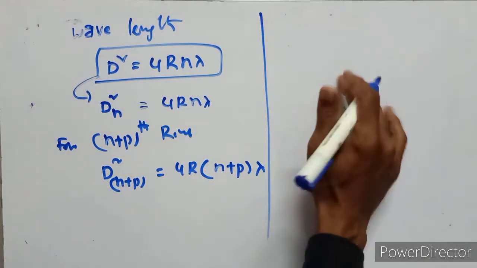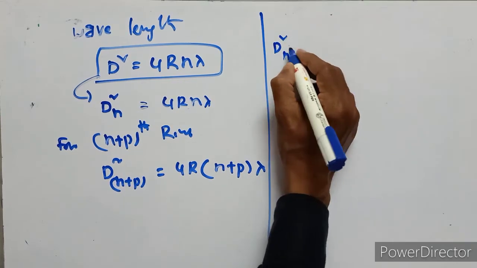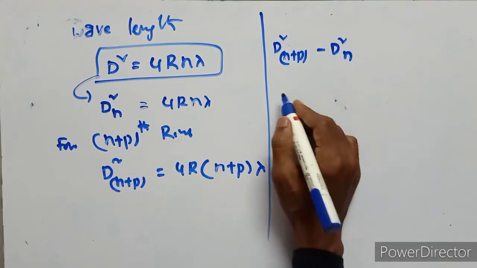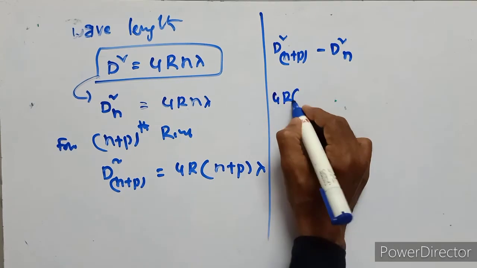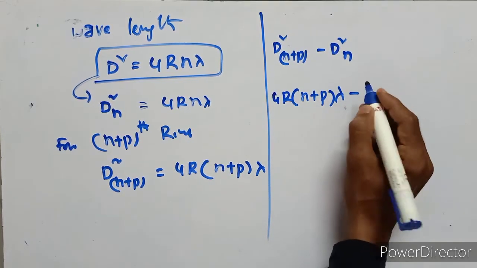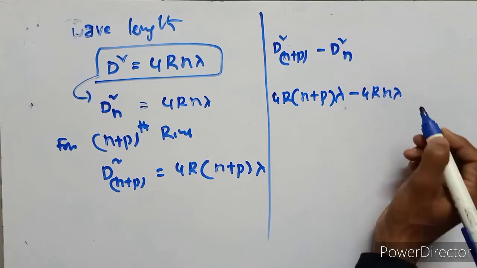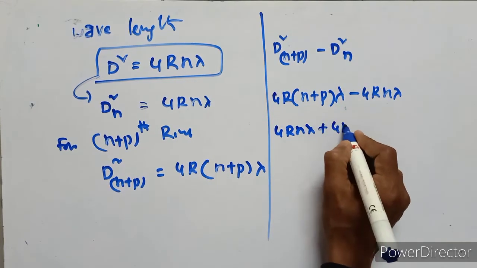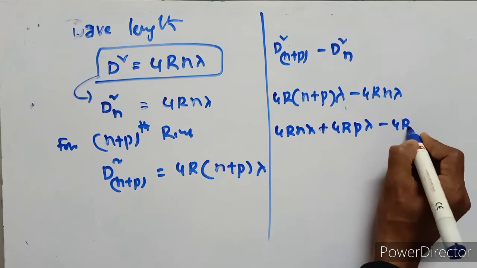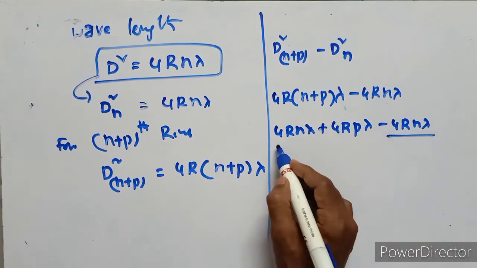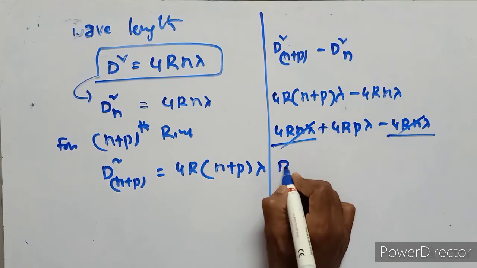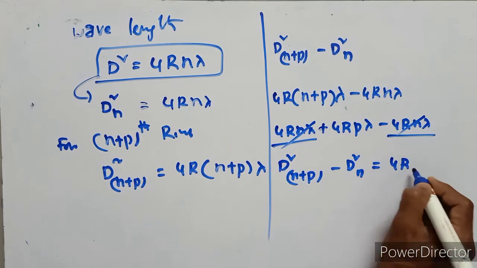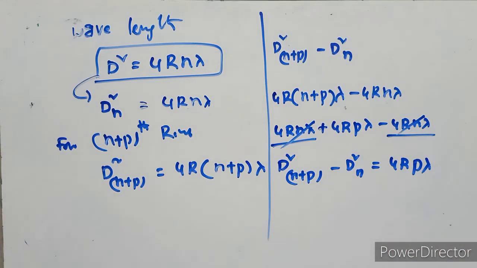That means D² at n+p minus D² at n equals 4R(n+p)λ minus 4Rnλ, which is 4Rnλ + 4Rpλ minus 4Rnλ. The 4Rnλ terms cancel. The remainder is D² at n+p minus D² at n = 4Rpλ.